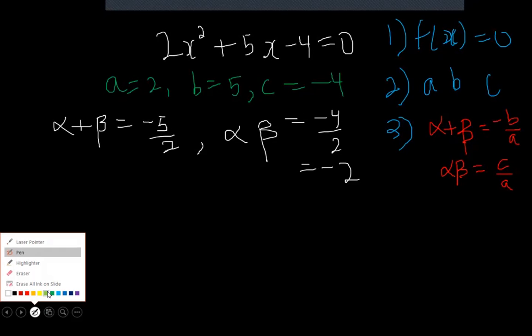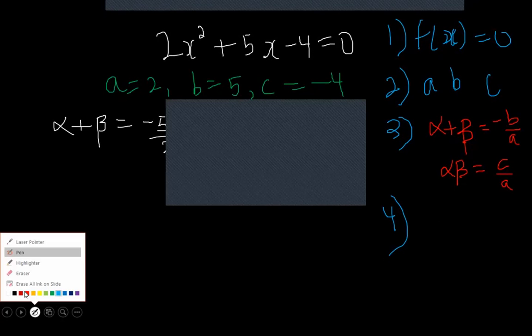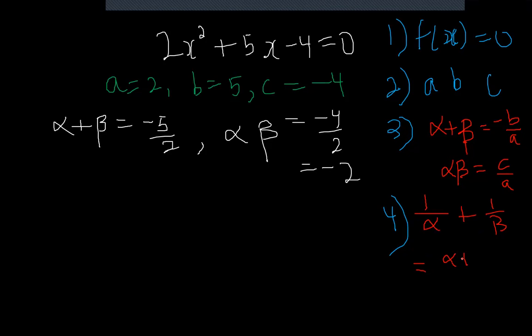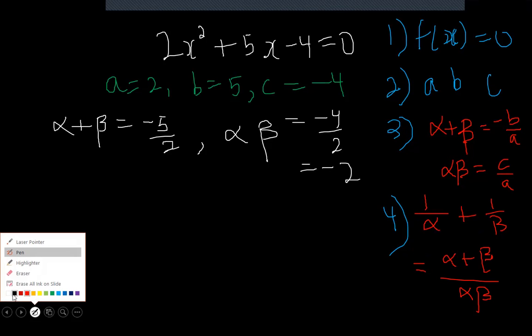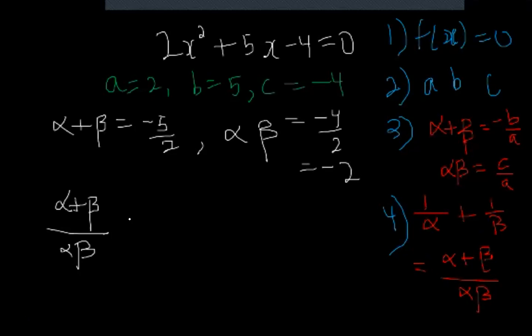Step 4 is the only one that would change to suit what they want. In this case, what they want is 1 on alpha plus 1 on beta. And from what we just learned, this is the same as alpha plus beta divided by alpha beta. So what would I write here?